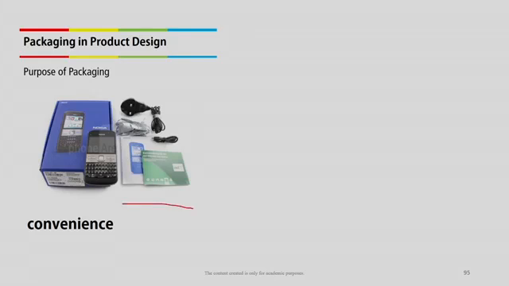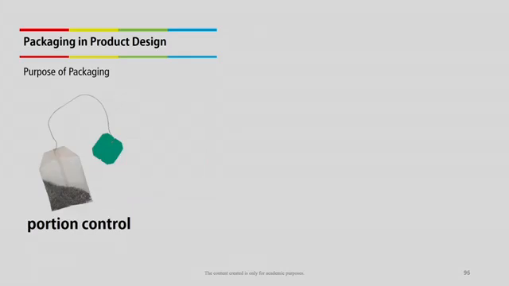So, with the help of segmentation in a box, all the parts can be kept and it gives convenience to the user. Single serving or single dose packaging has a precise amount of contents to control usage. Bulk commodities can be divided into packages that are a more suitable size for individual households.